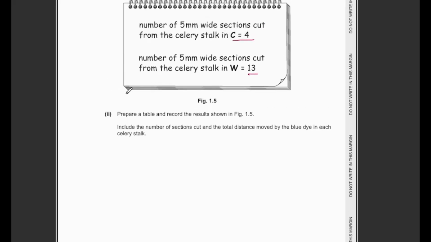So we have a statement of a student and we need to draw a table. Include the number of sections cut, and the total distance moved by the dye. They have already given the title or the heading, so now we just have to draw a table. First things first, use a proper scale and pencil.